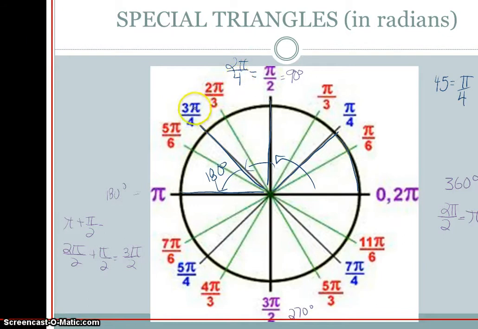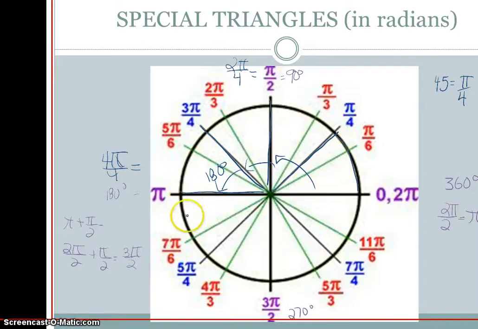And then if you add another pi over 4 onto 3 pi over 4, you get 4 pi over 4, which is equal to pi. So we can see so far there's this interpretation of pi when we divide it into 4 equal pieces, as pi being 4 pi over 4. And we can continue to do that.